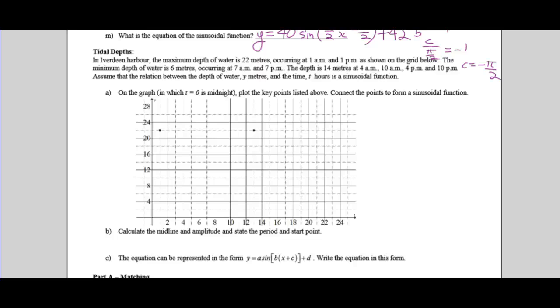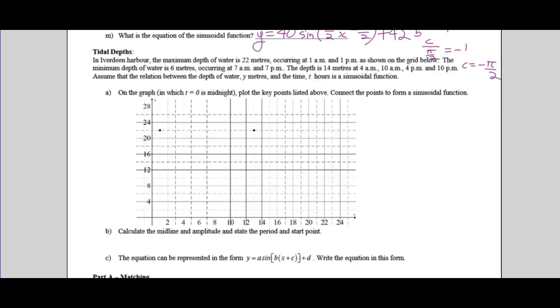Now, in this case, they're just giving us numbers, and what we're going to do is plot them on this grid and then draw a sinusoidal function, and then use our newfound skills to figure out D, then A, then B, then C, come up with an equation, plot it, and say, wow, it worked again, right?